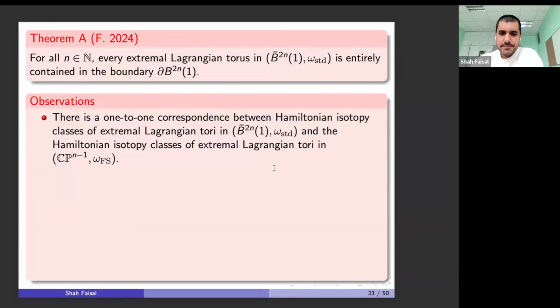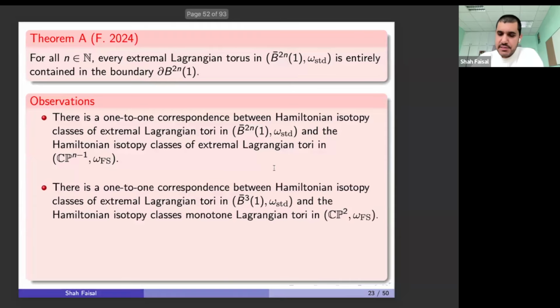And this establishes a 1-1 correspondence. Now, since in CP2 monotone tori are the same as extremal, therefore there's a 1-1 correspondence between monotone tori in CP2 and extremal tori in the 6-dimensional ball.